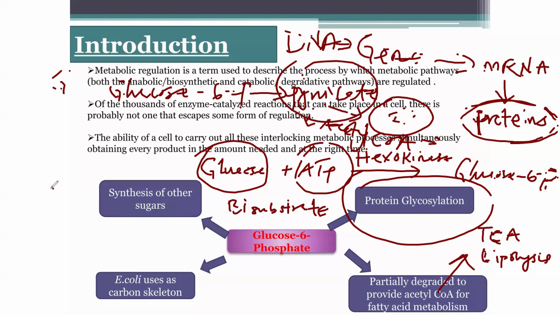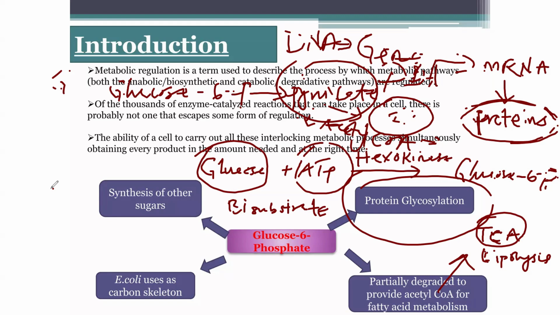The pyruvate is transported into the mitochondria, and the pyruvate dehydrogenase complex will break the pyruvate into acetyl-CoA, and then acetyl-CoA can undergo the TCA cycle to generate ATP, or fatty acid oxidation to generate ATP. So that is one of the pathways that glucose 6-phosphate is utilized. If there is no energy in the body, then the glucose 6-phosphate will go there.